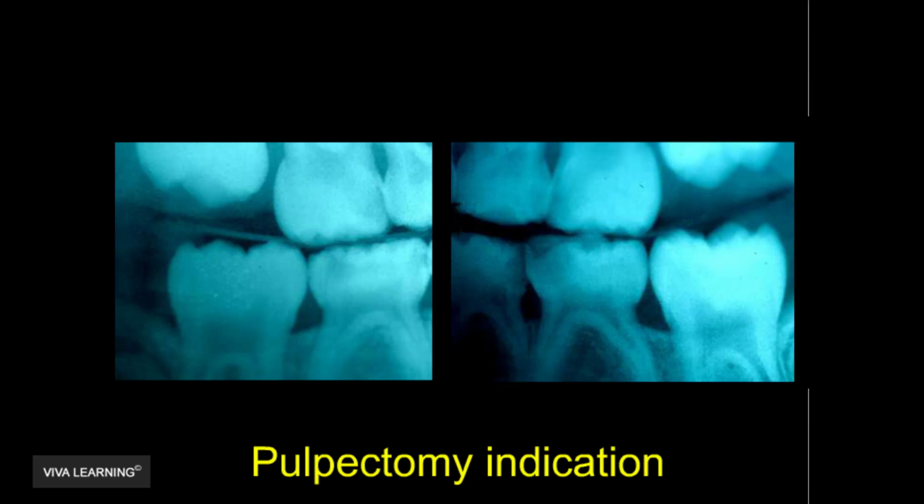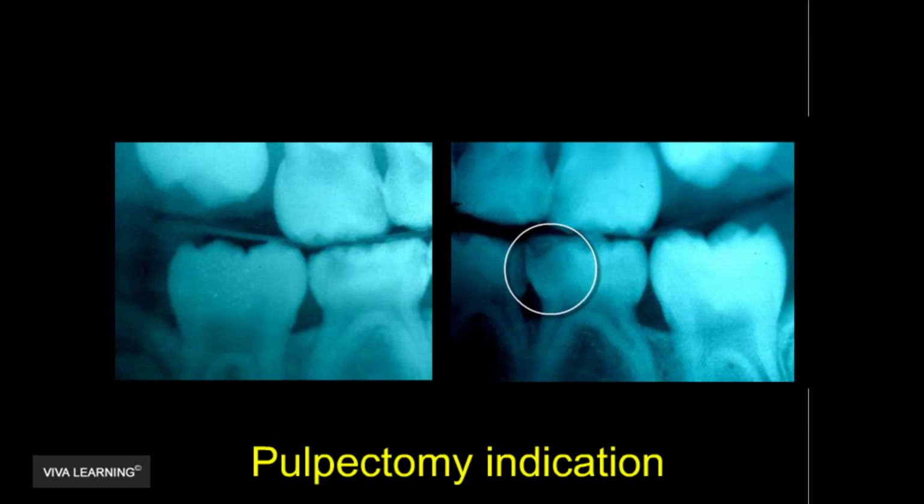If we are now considering what a pulpectomy is about, a pulpectomy is when you have a tooth that actually has carious contact with the pulp chamber. In the area right down in here, inside that circle, you can see that there is a likely communication of the carious lesion with the pulp chamber, and as a result you are probably also going to notice that there appears to be a slight change in the interradicular bone appearance, as opposed to the other side where you see that nice thick bony area.